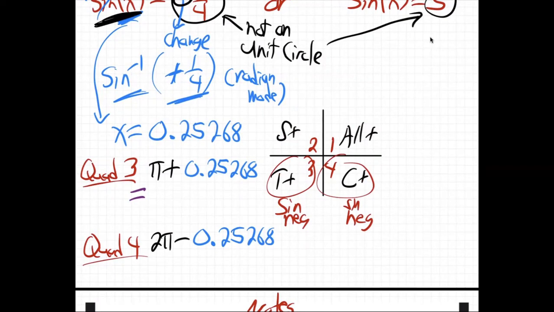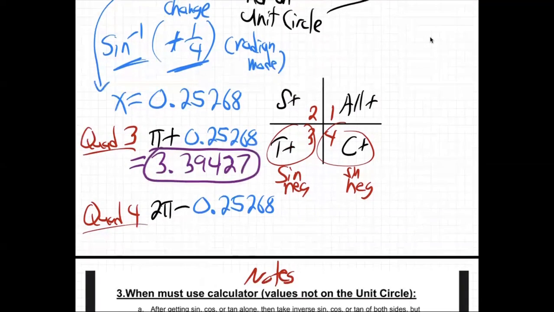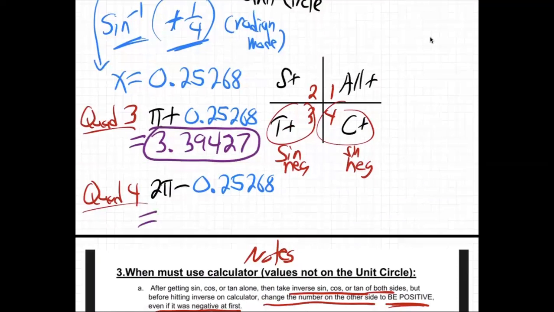So I'm going to hit buttons on my calculator now. Pi plus the answer. I'm getting 3.39427. That's one of my answers. And the other one, 2 pi minus.